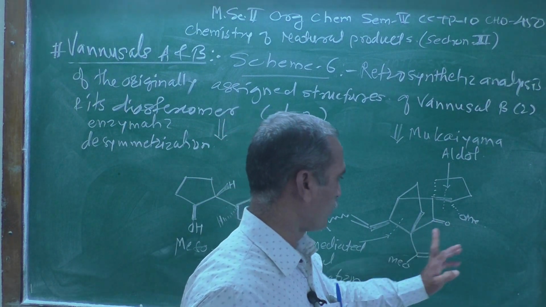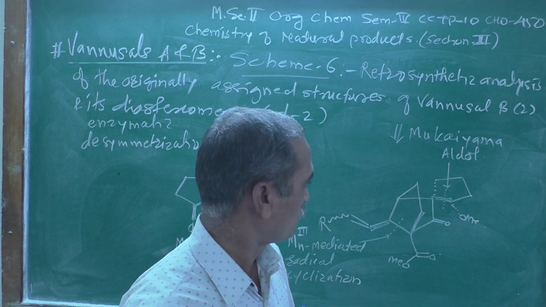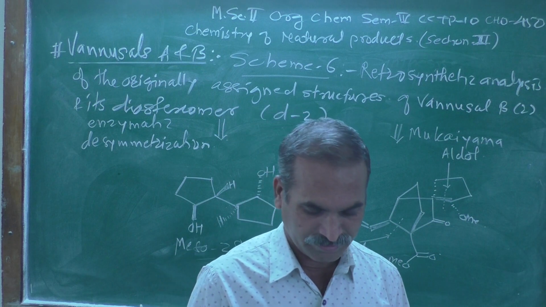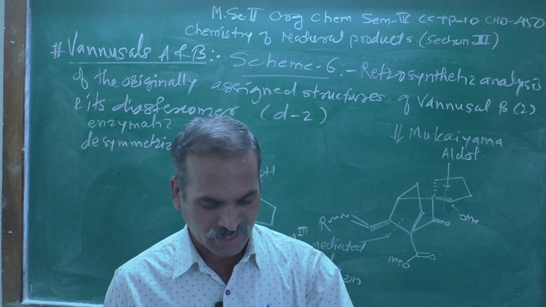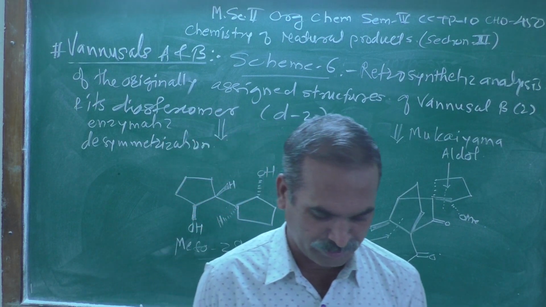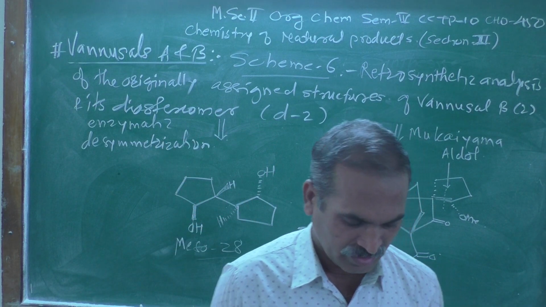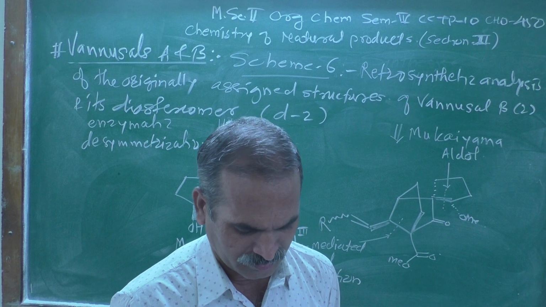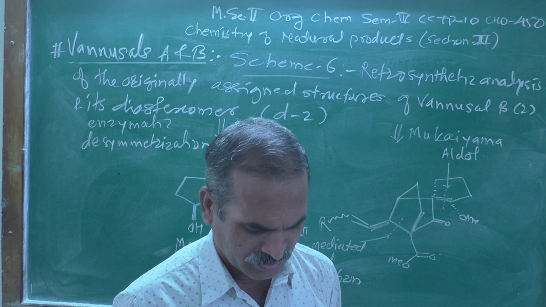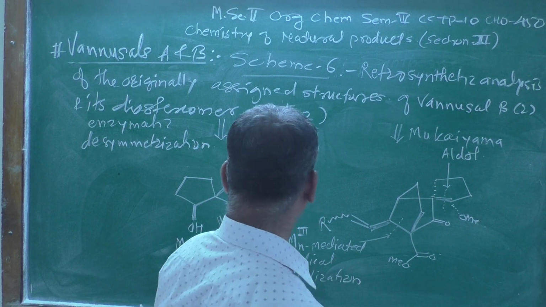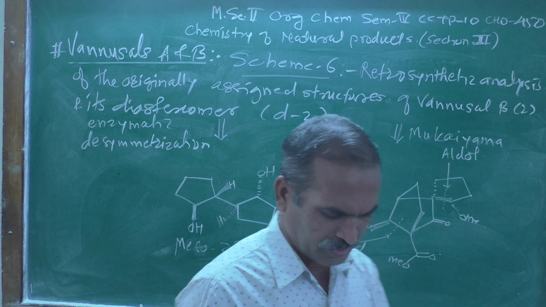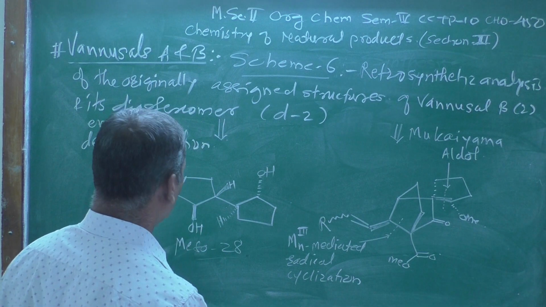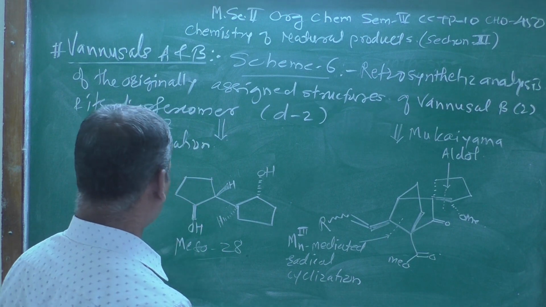If you see here, the 1,3-diketone is just a versatile synthon type of compound over there. And now this structure, this is 28, and after 28, here I am showing what you are going to get.